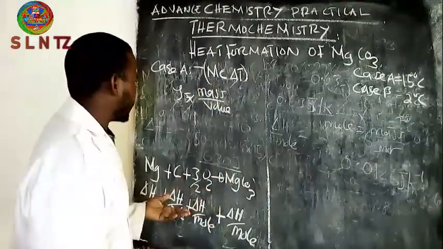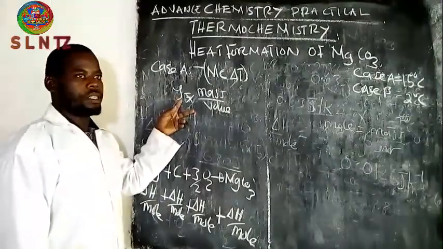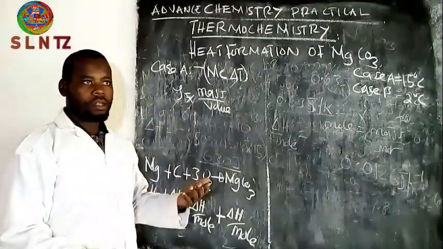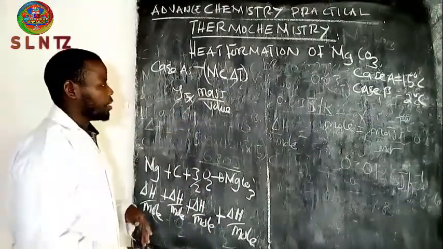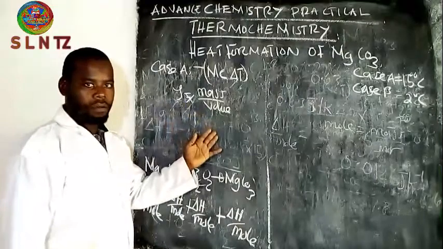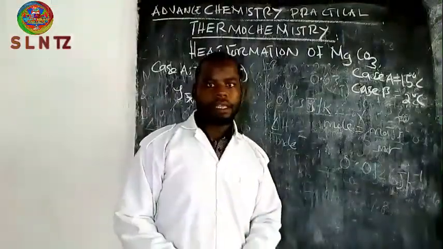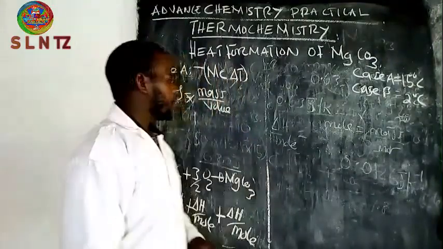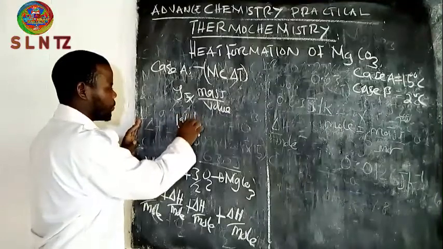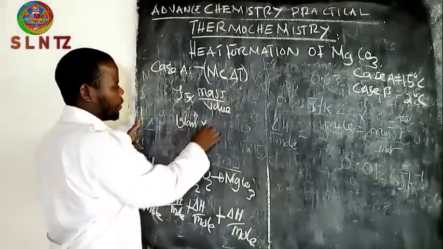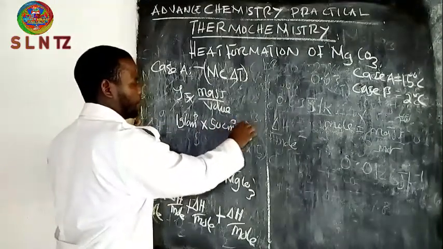In order to get the mass, we use density, the density of solution or water, multiplied by the volume. The volume was 50 measured by measuring cylinder. So one density times 50 ml, we get 50 grams.